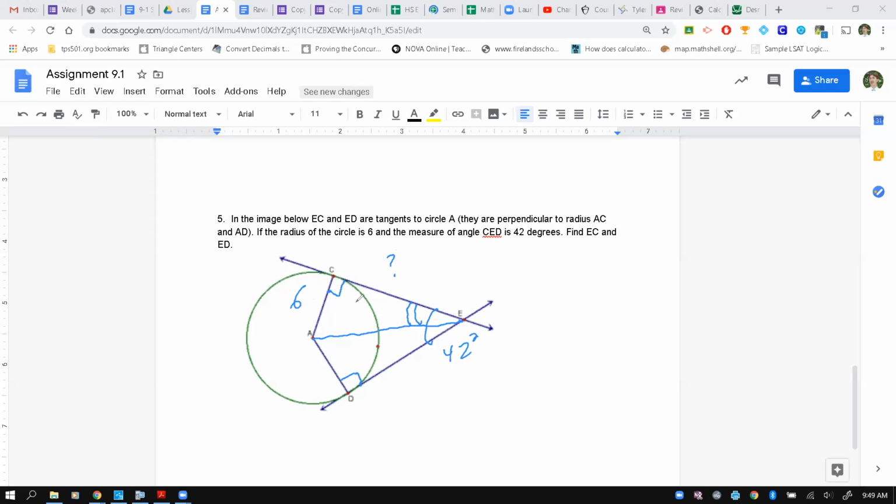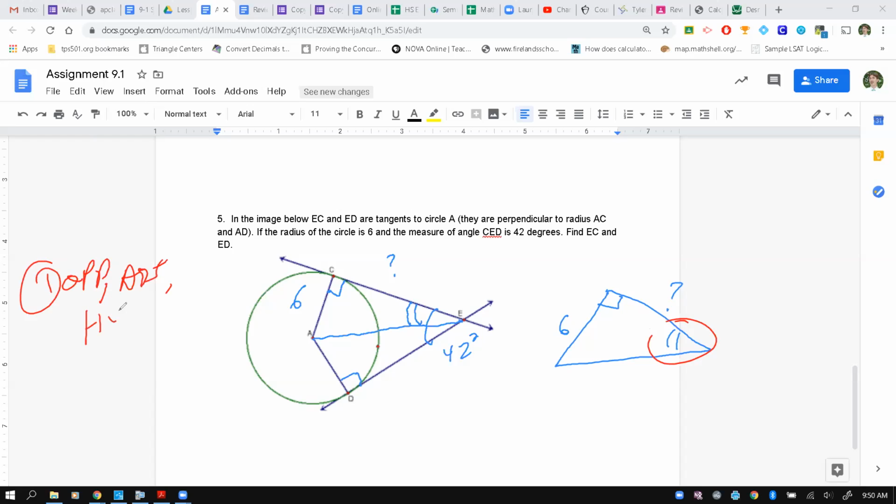So if you just pull that part out, what that right triangle looks like is this, where this is 6, and you need to find that side right there. So then you can follow the same steps where you say, okay, which is my opposite side from my angle? What is the adjacent side?